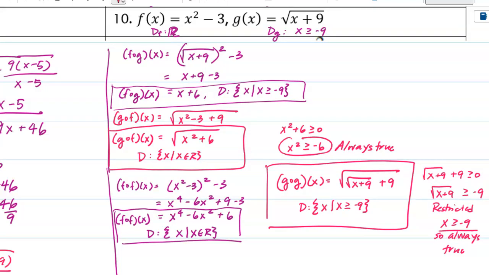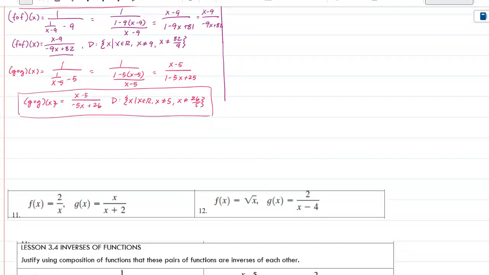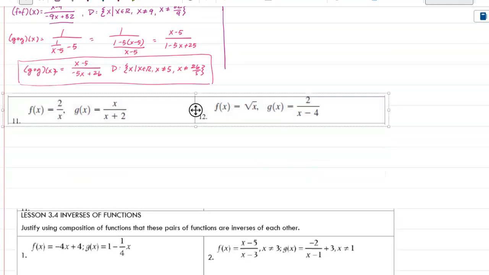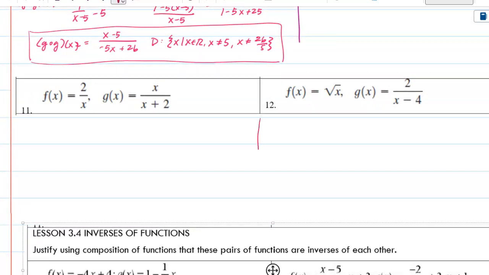Okay. Good job. Okay. Next one, number 11. Let's do f of g of x.